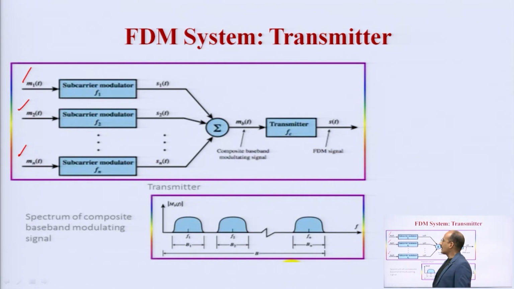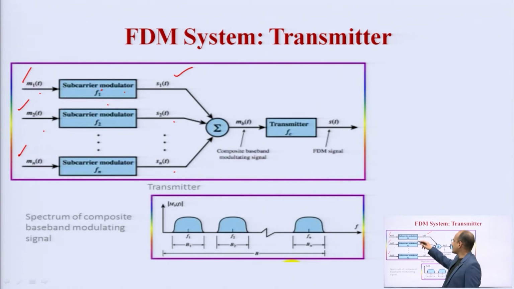These are all modulated with various subcarrier frequencies, F1, F2, Fn. By this modulation, we get the modulated signals S1(t), S2(t), Sn(t) for user 1, 2 and n.